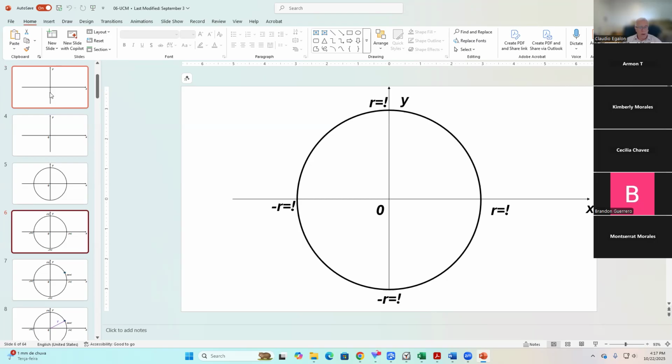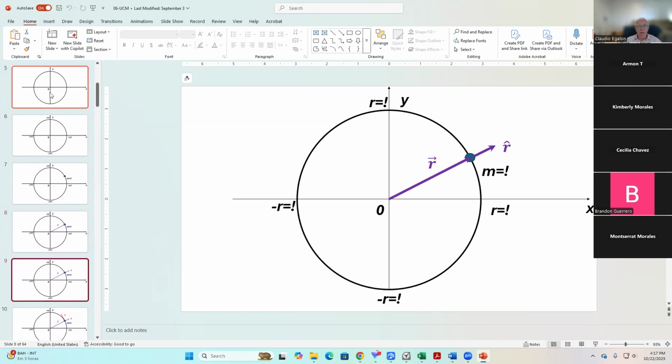And we place our particle of mass m somewhere along the circular path, and we locate this mass with the position vector r.